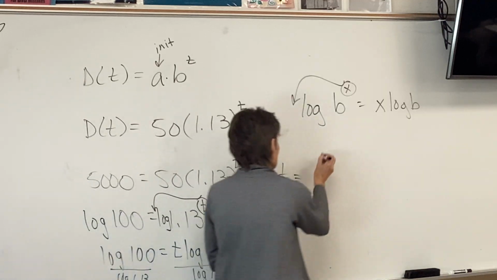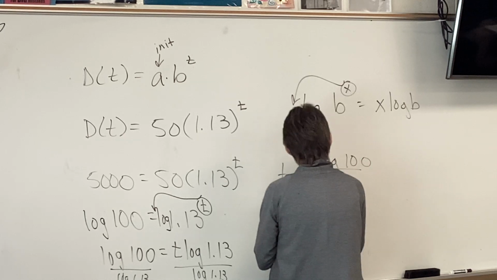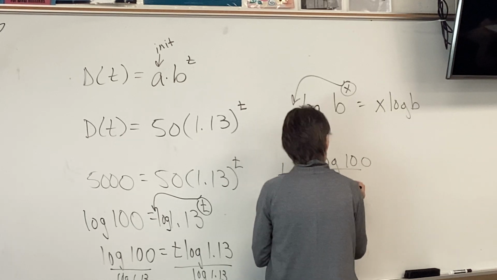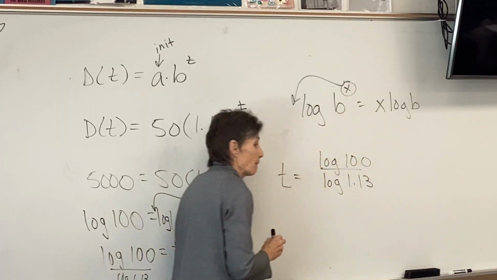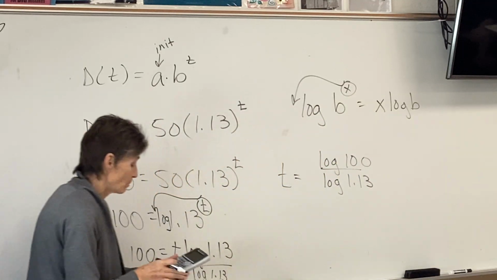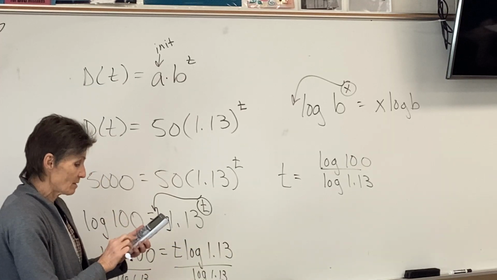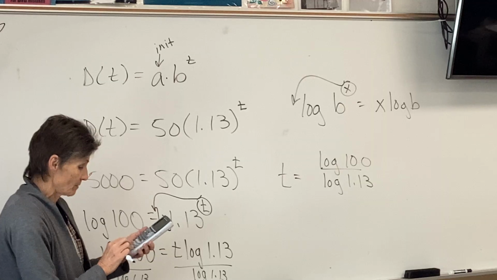So t is the log of 100, which by the way is something special, over log 1.13. So let's type that in, see what we get, and we're going to graph it and verify that we get exactly the same answer.